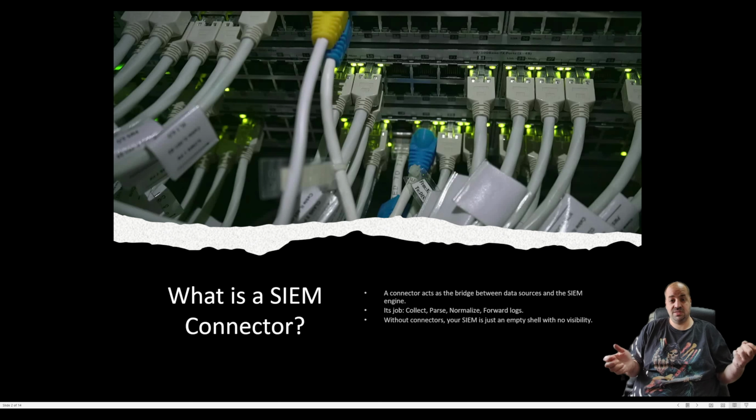Without connectors, there is no visibility. It knows how to read all the data, do parsing, and translate it to defined fields, like the source IP, user, the severity of the event, and so on.